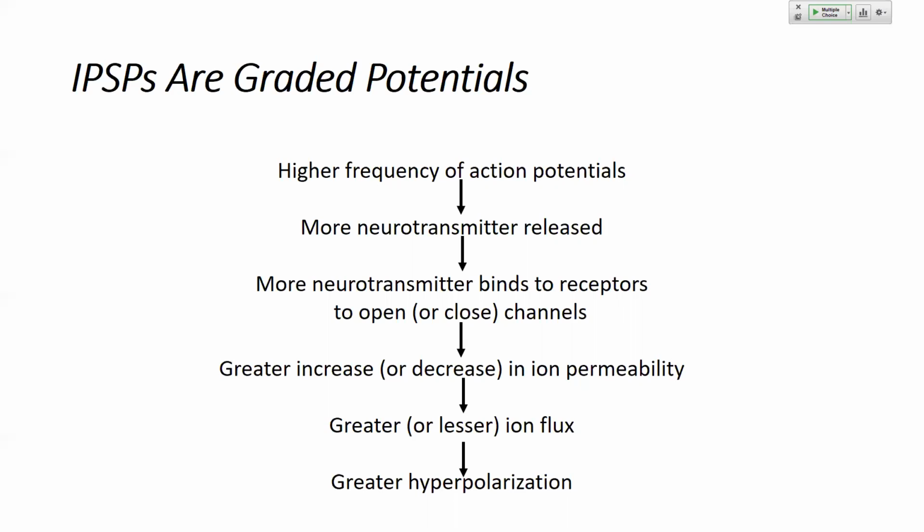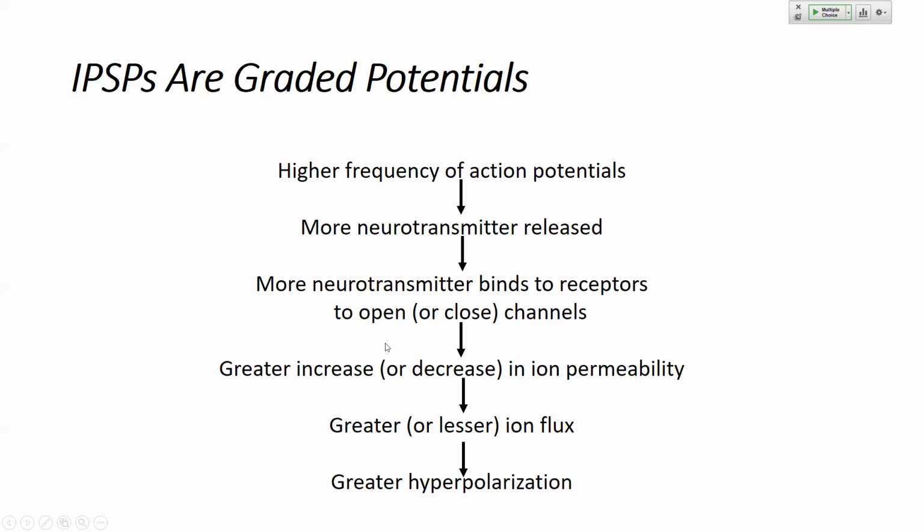That neurotransmitter will then cross the synaptic cleft, bind to receptors on the postsynaptic neuron, and either open or close those inhibitory channels. Okay. Let's take potassium in this example. So let's say we had a higher frequency of action potentials in our presynaptic neuron. This stimulated more neurotransmitter release.